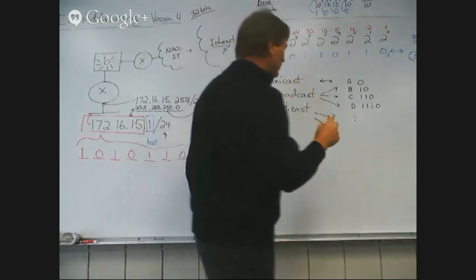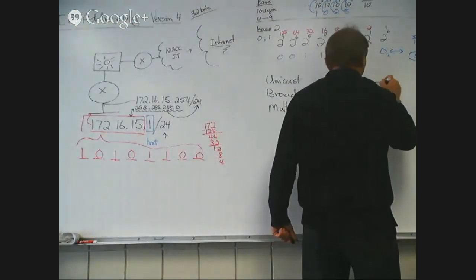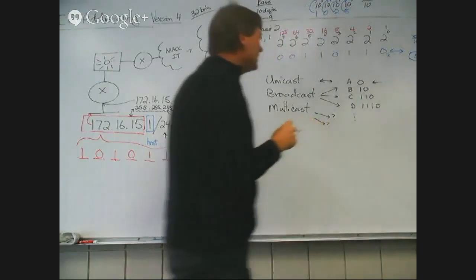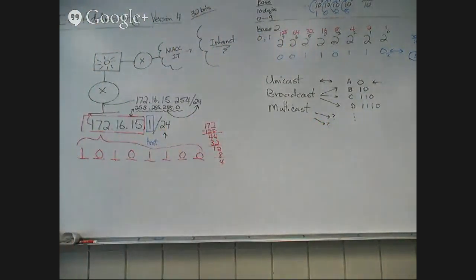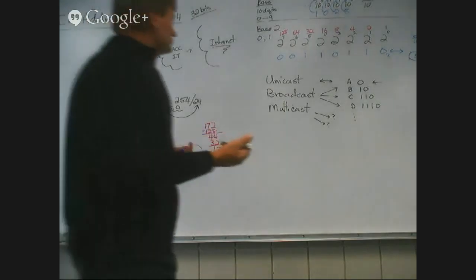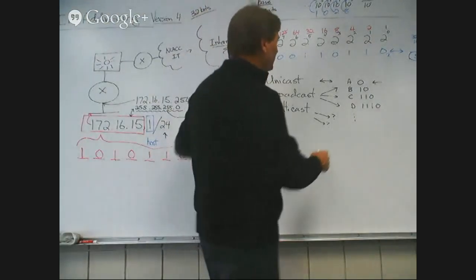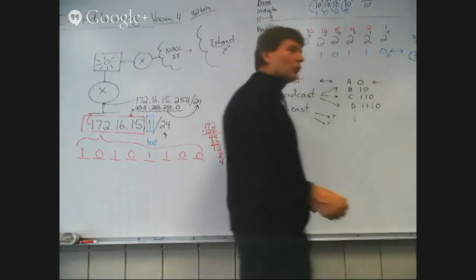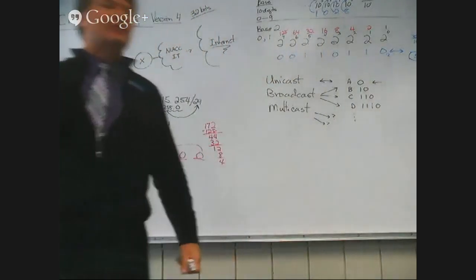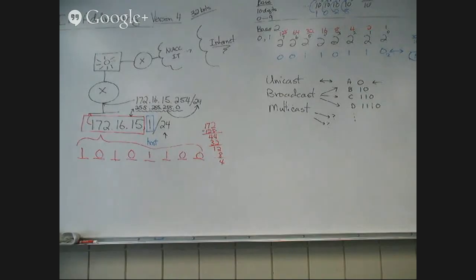So think about this for a second. What range of IPs could you have if there's a 0 in the very first bit? Not very big. 0 to 127. You couldn't go higher, because this would be 128, so it's 0 up through 127. And in 127, there's a group of addresses reserved for certain things, like loopback.